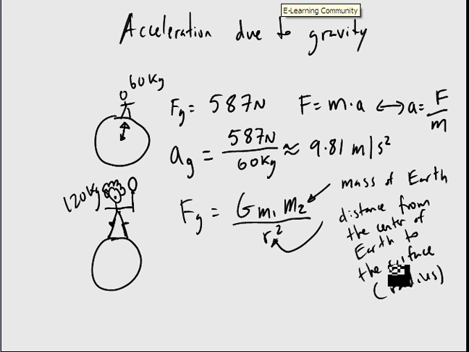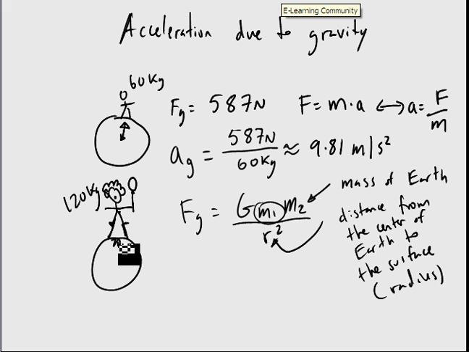This clown, because it has a higher mass, this m1 is a bigger number, will have a stronger force of gravity pulling down on it towards the Earth. And that's absolutely true. So when you plug that number in, you're actually going to get twice as much as the force on the 60 kilogram person. And you can do that calculation by yourself just to verify.